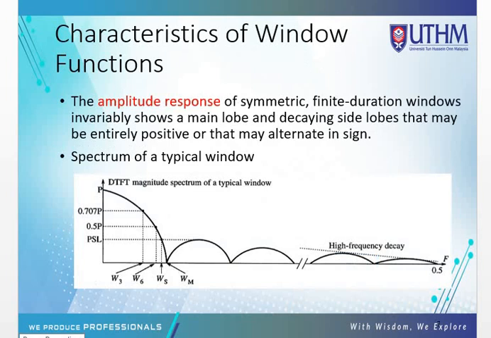For the characteristic of a window function, this graph shows the magnitude spectrum of a typical window and the amplitude response of symmetric finite duration of the windows. This is the main lobe, and this is the decaying side lobes. They can be entirely positive or alternate. It means that it's positive, negative, positive, negative.